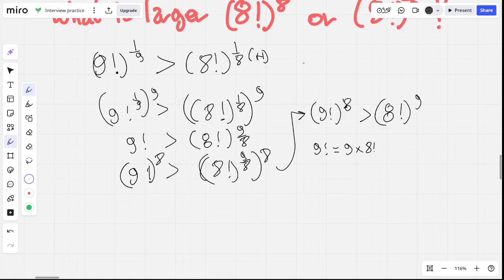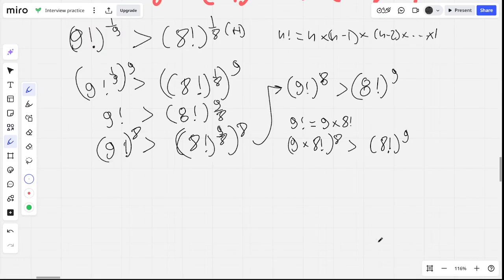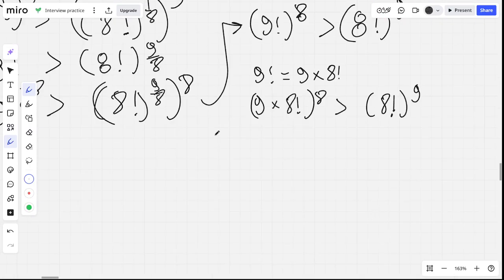The definition of n factorial is n times n minus 1 times n minus 2 times all the other integers that come before it until 1. So I can rewrite this as 9 times 8 factorial to the power of 8 is larger than 8 factorial to the 9.